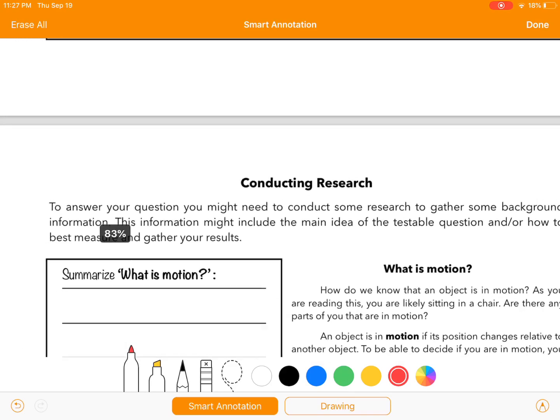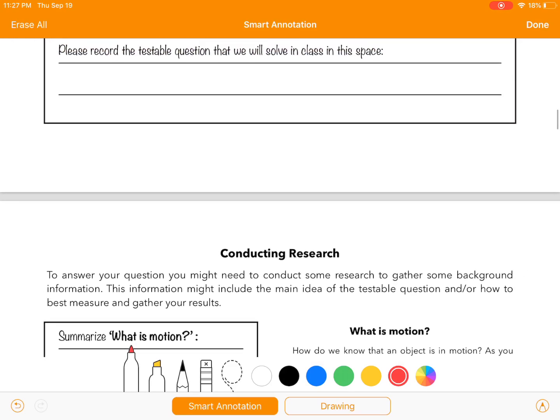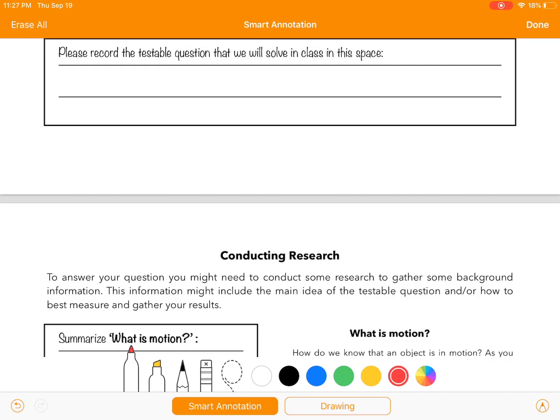Step number 2 is about research. So for the experiment that we're working on in class, our testable question is: how can we affect the motion of a car?